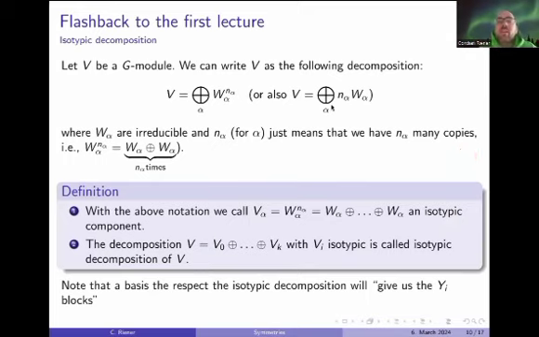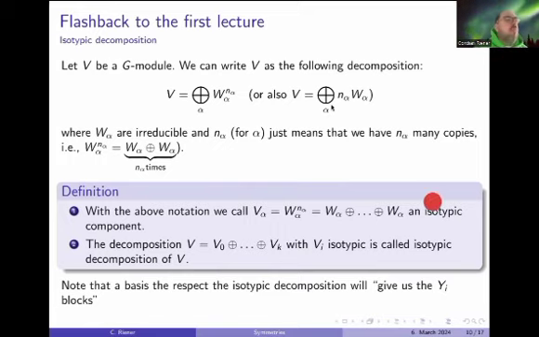Not yet in the final form that they are with these subblocks, but it will give us a lot of zeros already outside of these blocks Y_i. So it doesn't give the specific form of these Y_i's yet, but it gives the structure where we have these different Y_i's. And the reason, just for the people who want to understand a little bit more, is that these subspaces in different isotypic components are by definition all pairwise non-isomorphic.